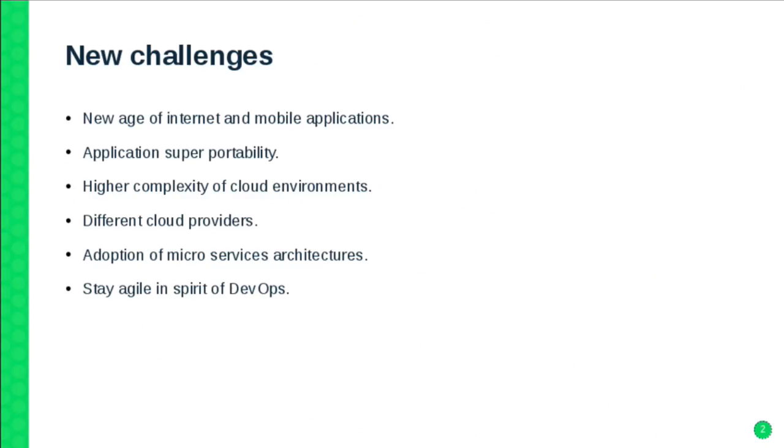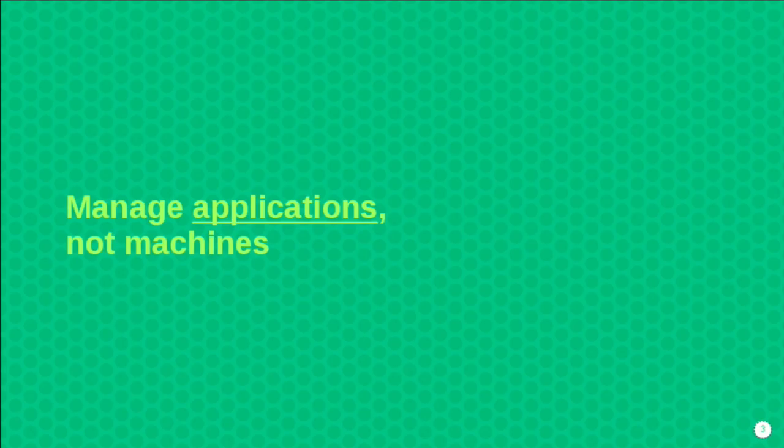Because we come from an old way of dealing with production environments, where we dealt with machines. Now, instead, we want to shift our focus and manage applications, not focus on machines, just focus on the application that we want to deploy.